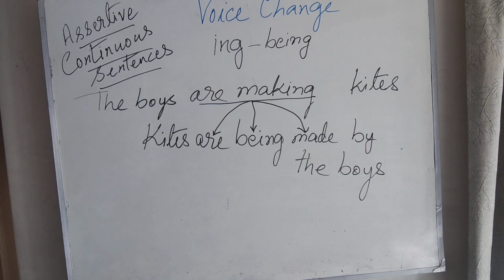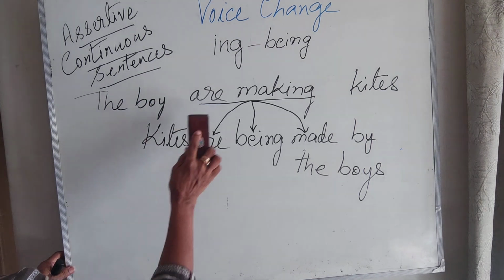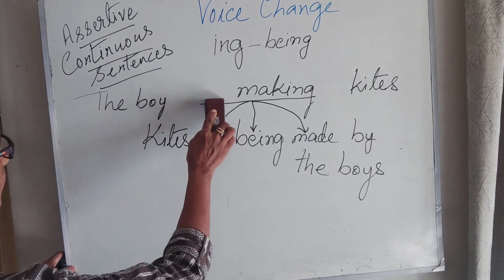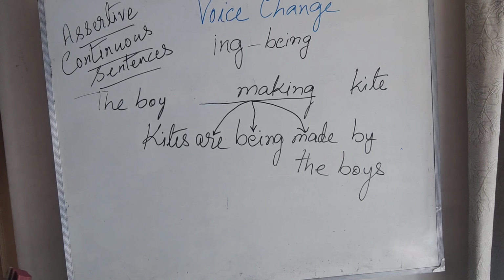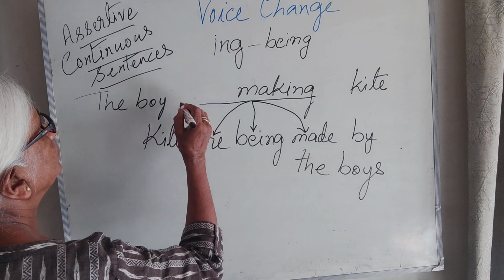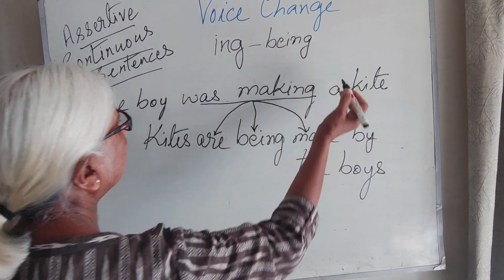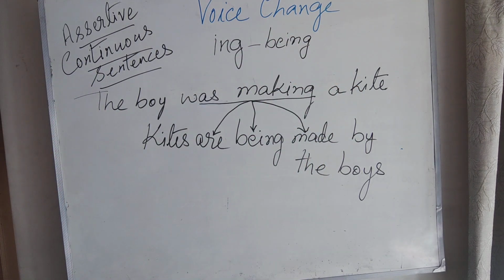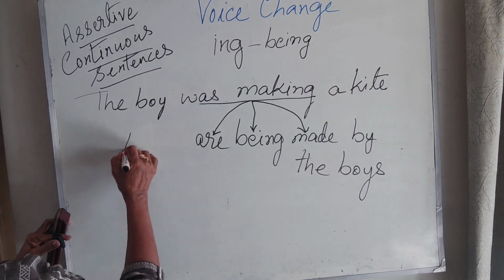Now suppose we go to the past continuous. Now here instead of the boys, I make it the boy. And here also singular. And we make it past. The boy was making a kite. He was making a kite sometime in the past when you visited him or when he had a holiday, sometime in the past. Okay. So here again it changes to a kite.